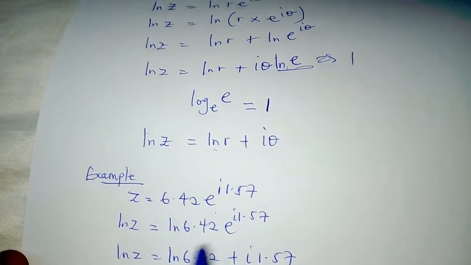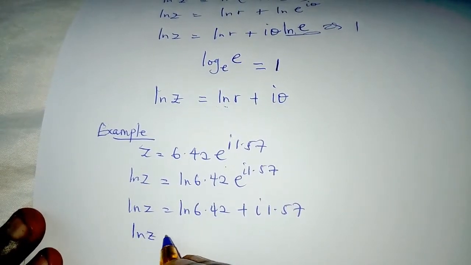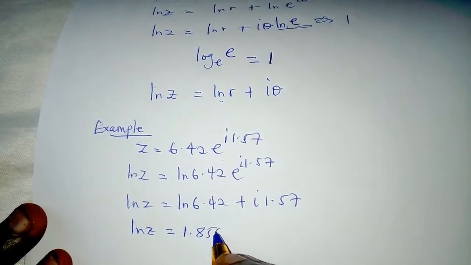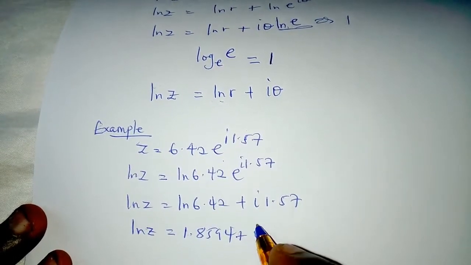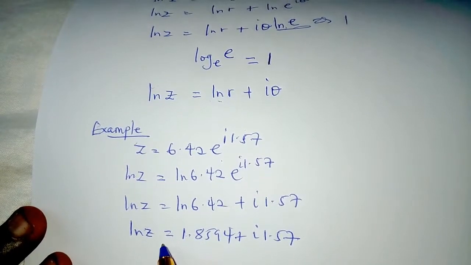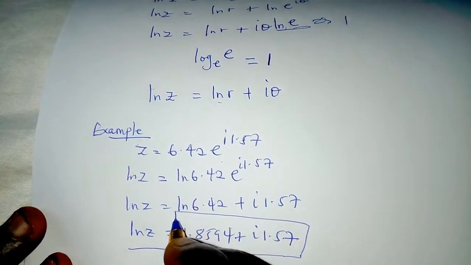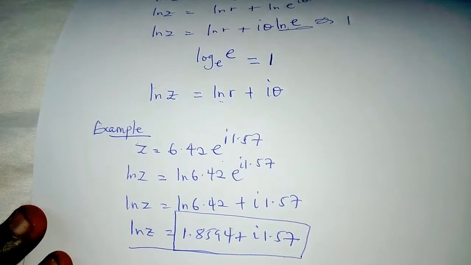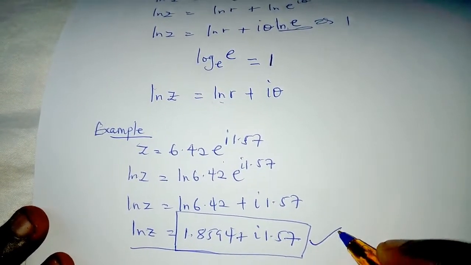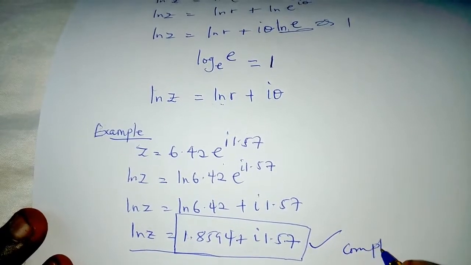Now the final answer becomes 1.8594 plus i 1.57. So this becomes our answer. And again, the result here is also a complex number.